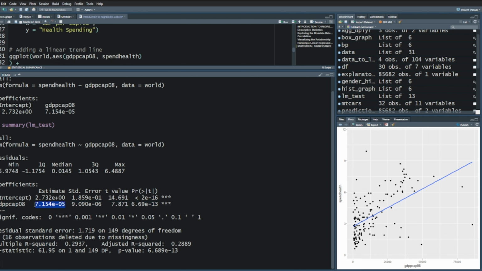What we see here is trying to tell us that with a unit increase in GDP per capita, the health expenditure of countries is going to increase by 0.00007 units, right? Now this minus 0.05 you see here just tells you that you have 5 zeros in front of the 7. So it's a really small increase in health expenditure with increases in GDP per capita.